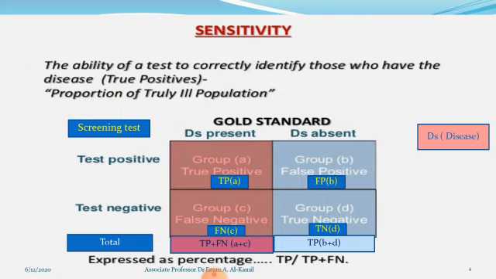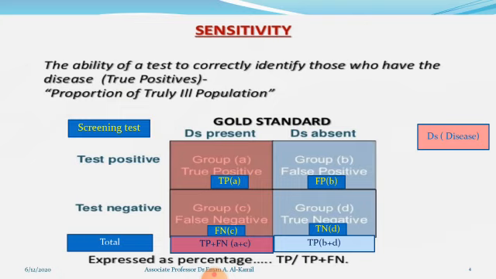Letter A represents the group of patients who are positive by both tests.